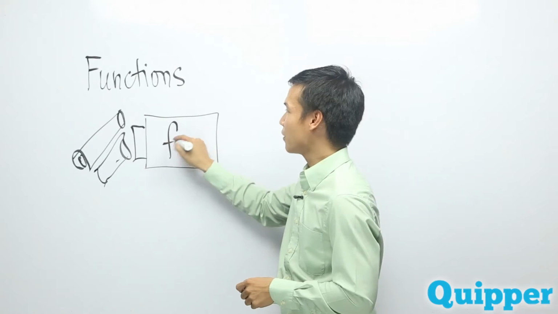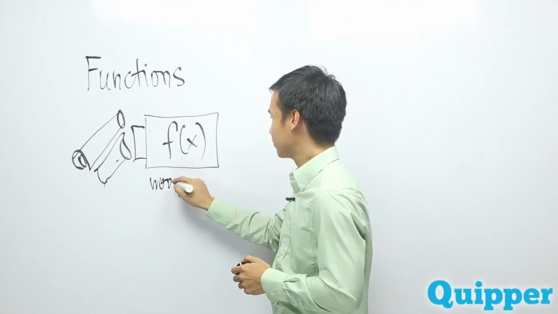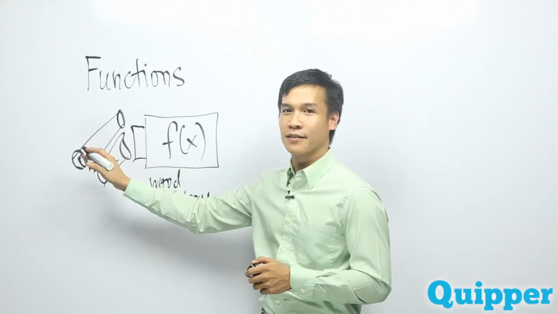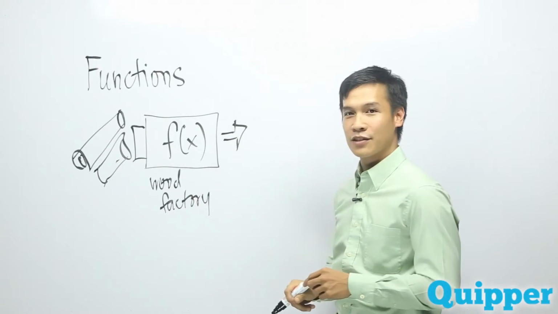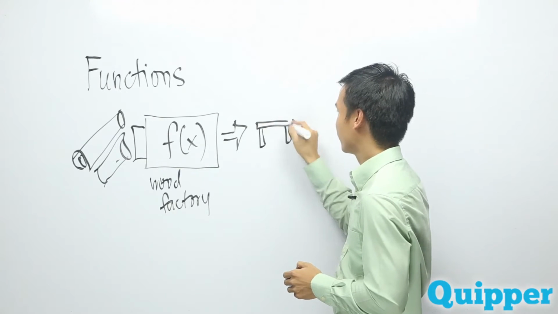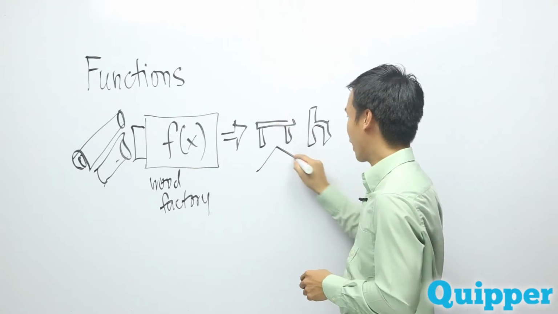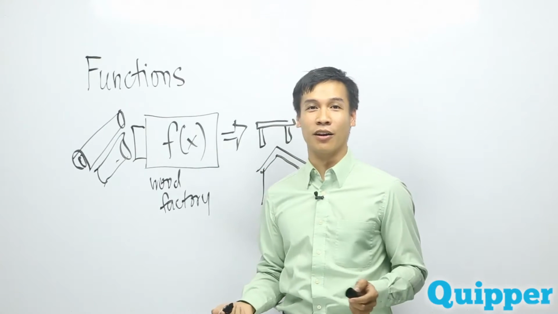And by means of this function, or a wood factory, the logs that we place into the machine now come out as various wood products, like, for example, tables, chairs, or even planks for houses. That is an example of a function.